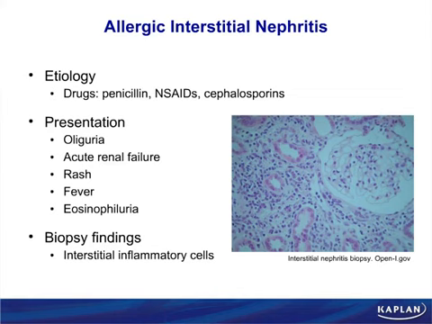Now, they usually recover when you stop the offending agent. On biopsy, you will see inflammatory cells in the interstitium. This is a disease of the interstitium. Usually, the tubules on biopsy will not be affected, but you will see inflammatory cells in the interstitium, and they will recover when you stop the offending agent.